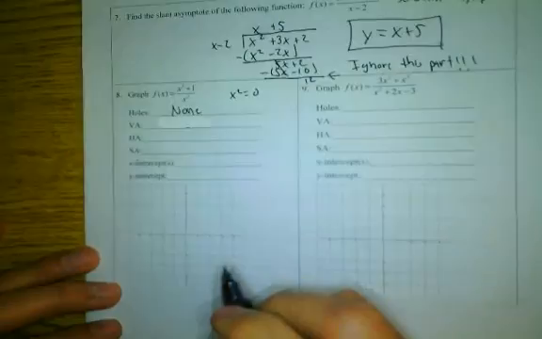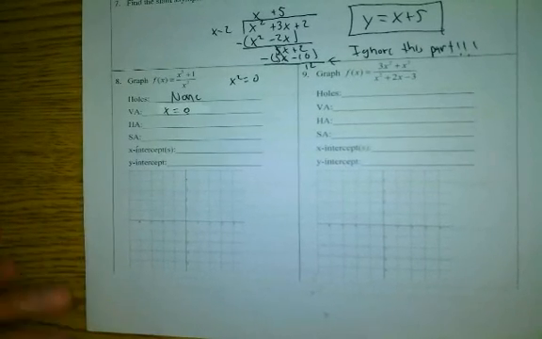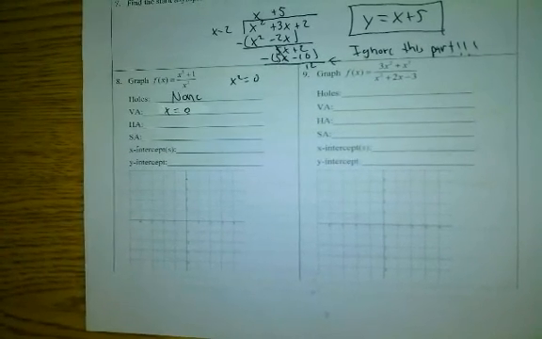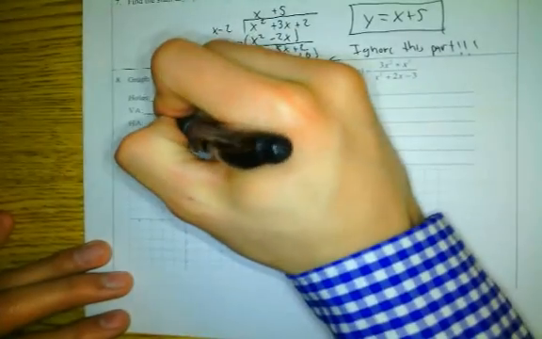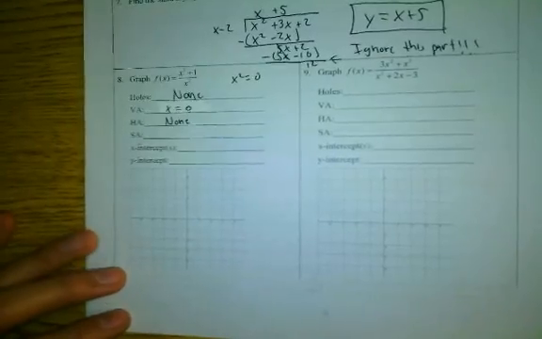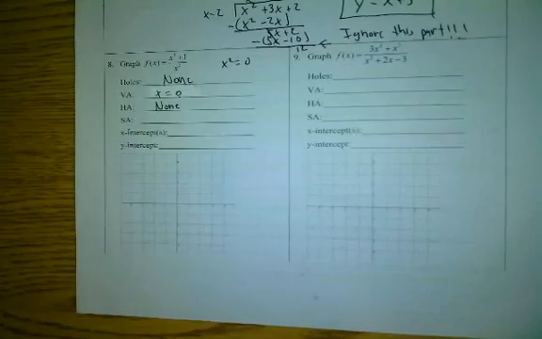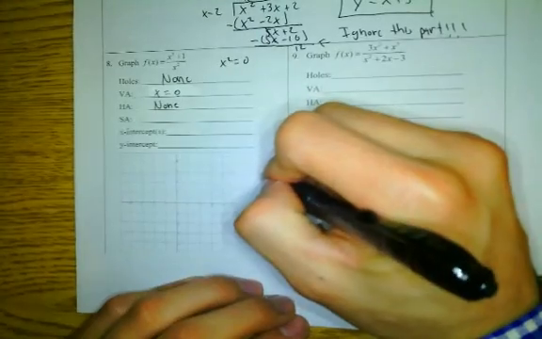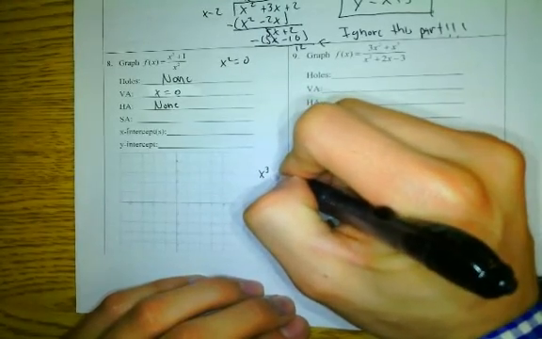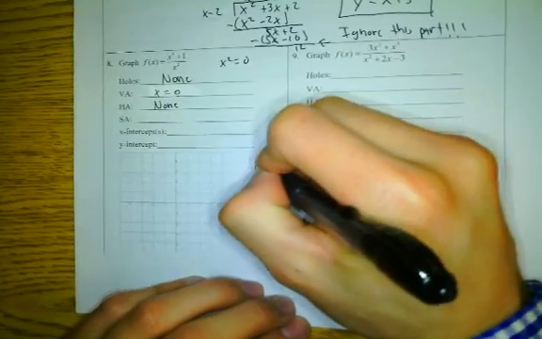All right. X-intercepts. How do you find x-intercepts? Set the numerator equal to 0. So I'm going to go down here because I'm running out of room. So it's x to the third plus 1 equals 0, which means x to the third equals negative 1. Can you take the third root of a negative number? Yes, you can. So the third root of negative 1 is going to be what? Negative 1.